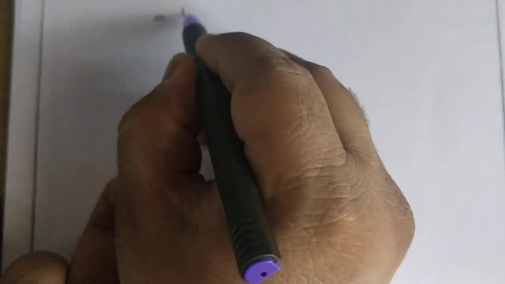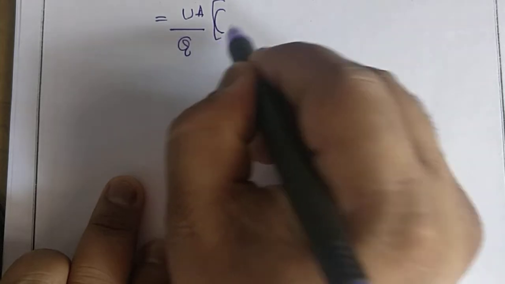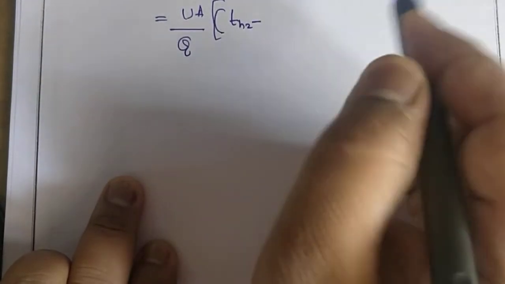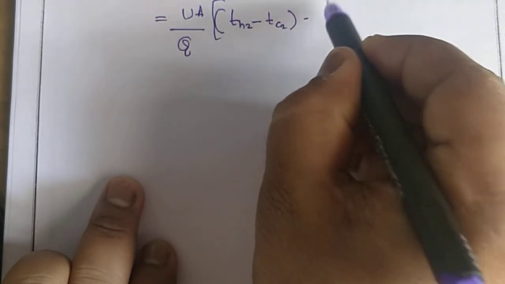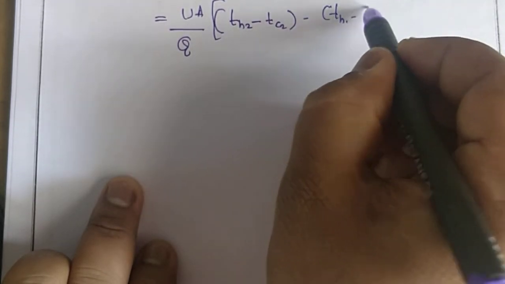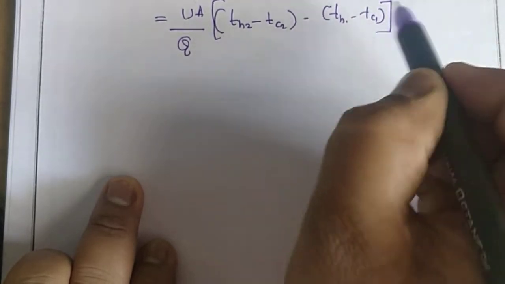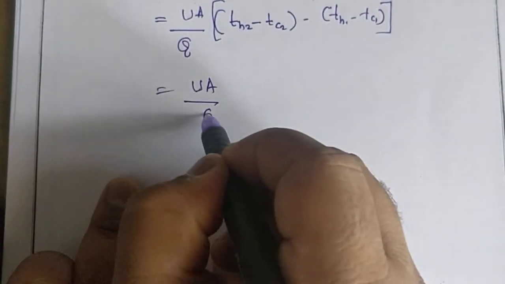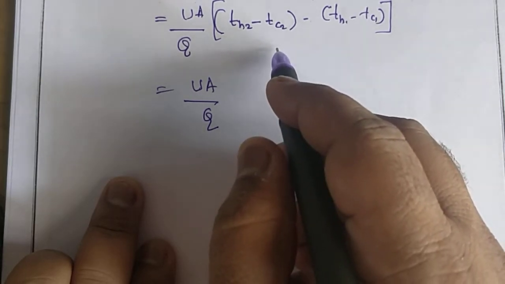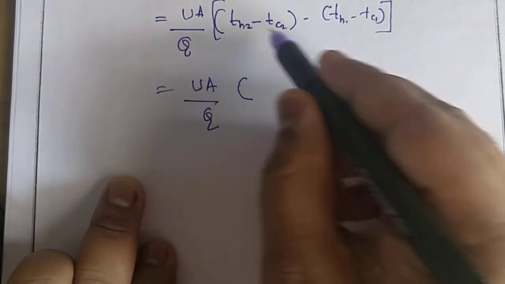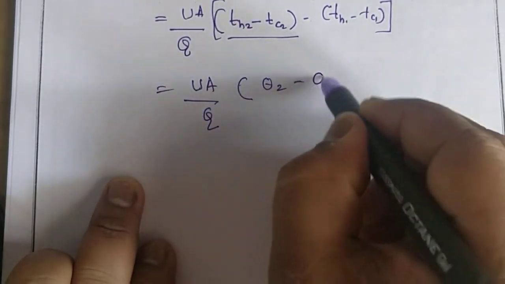Next, it becomes UA by Q times (TH2 minus TC2) minus (TH1 minus TC1), UA divided by Q. You can write this, we consider theta 2, this is theta 1.